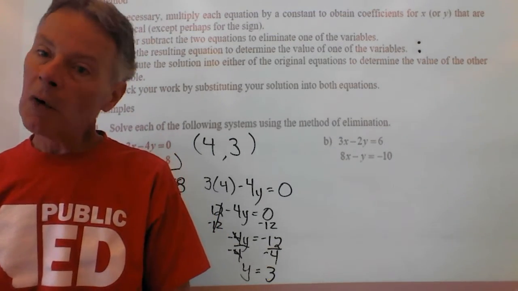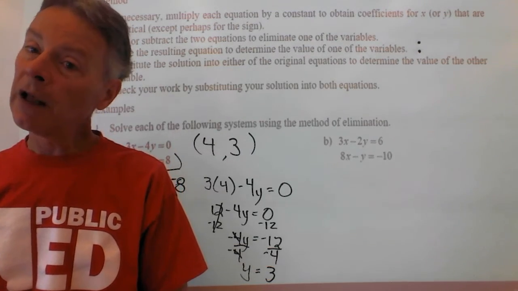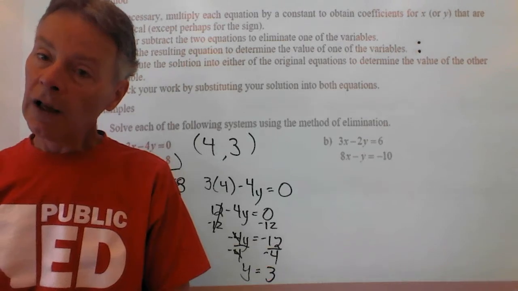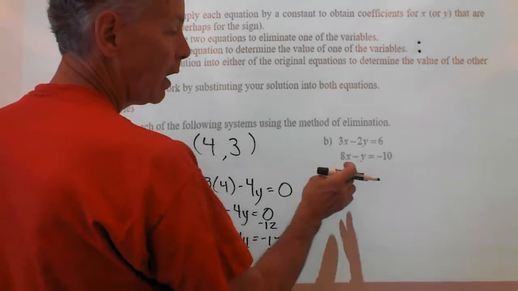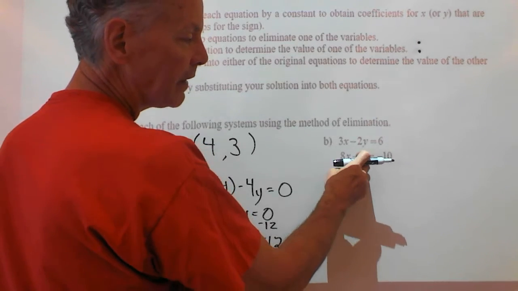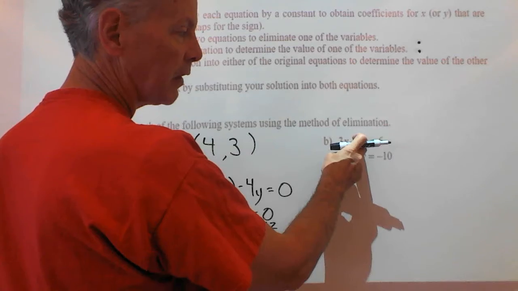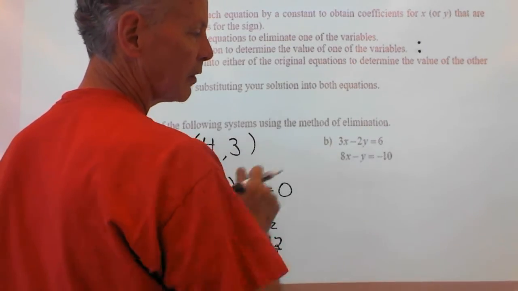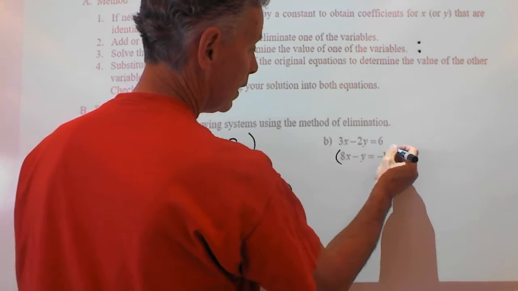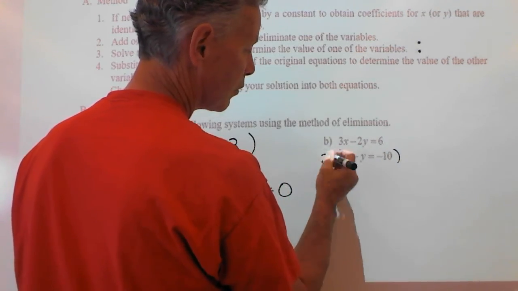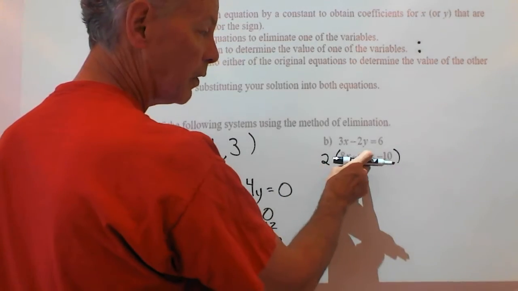Now there's a number of ways we could fix that. Some of them take more work, some of them take less work. Since we're lazy, let's go for less work, okay? Now, if we could get a 2 in front of this y, then it would be the same coefficient in both cases. Well, that's easy. If we multiply this equation through by 2, we will end up with 2y.